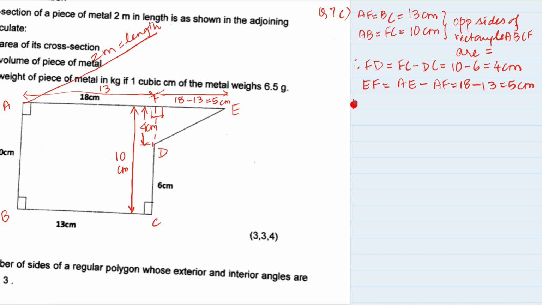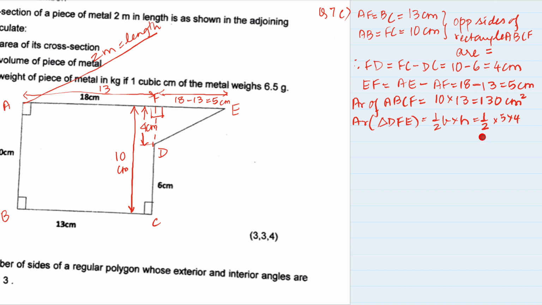So area of ABCF will be equal to 10 into 13, which is 130 centimeters square, and area of triangle DFE will be equal to half base into height, which is half into 5 into 4, which will be 10 centimeter square.